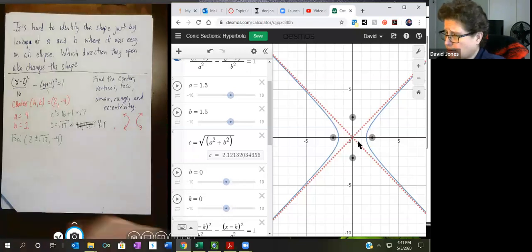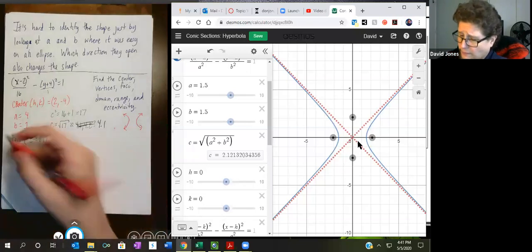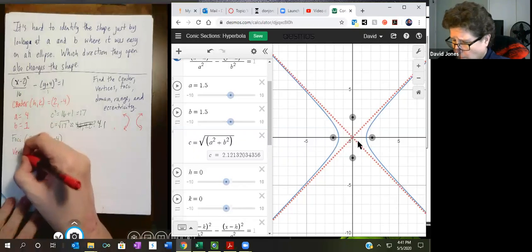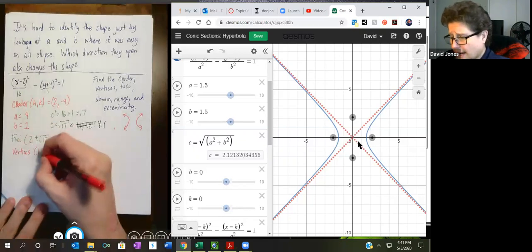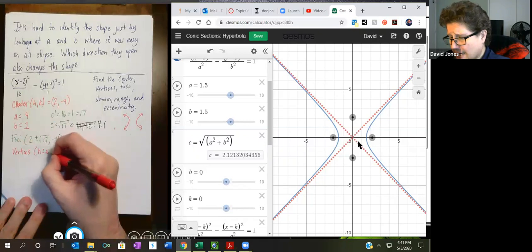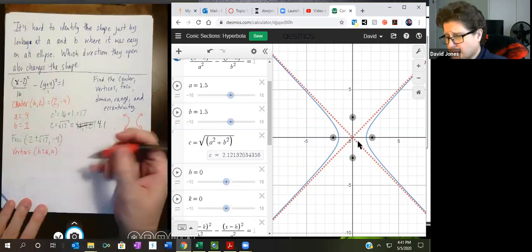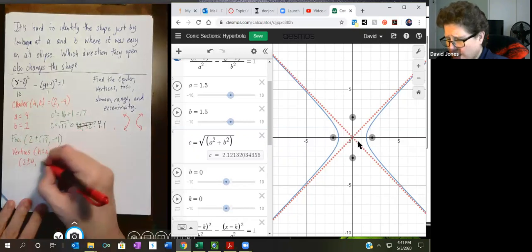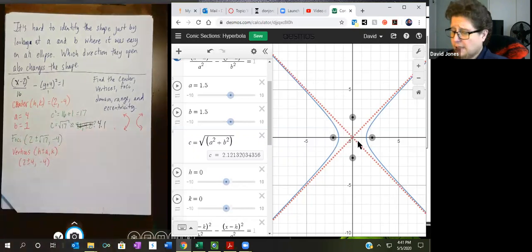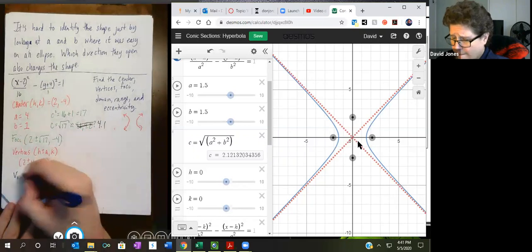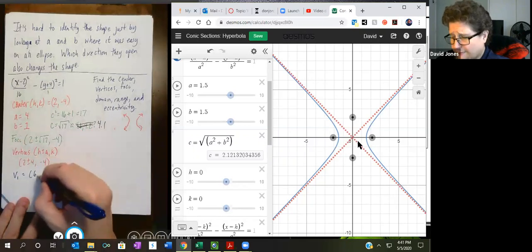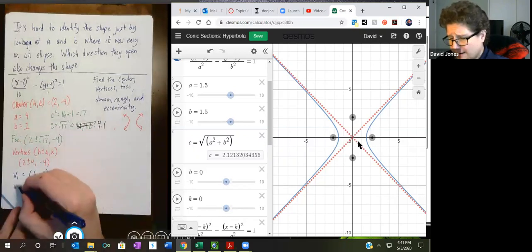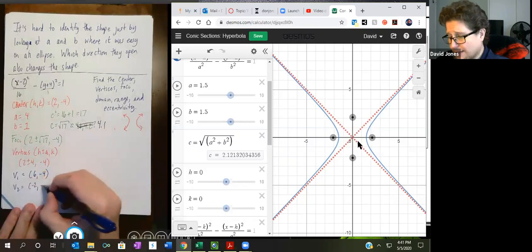Vertices are H plus or minus A, comma K: 2 plus or minus 4, comma -4. I've got one vertex at 6, -4. I've got another vertex at -2, comma -4.